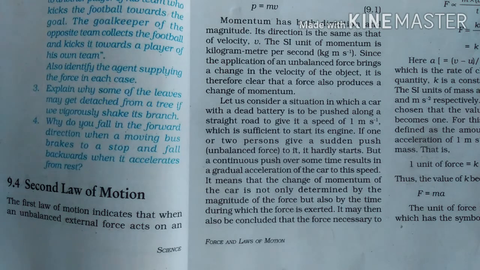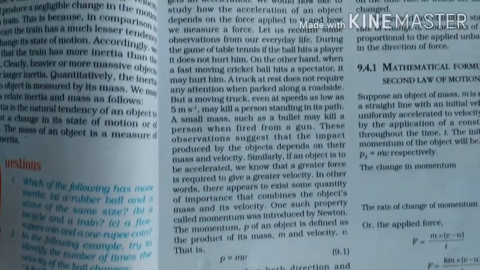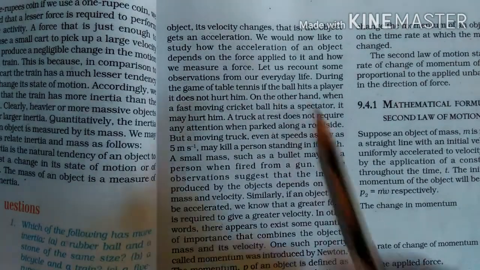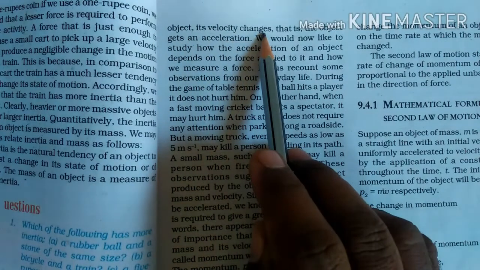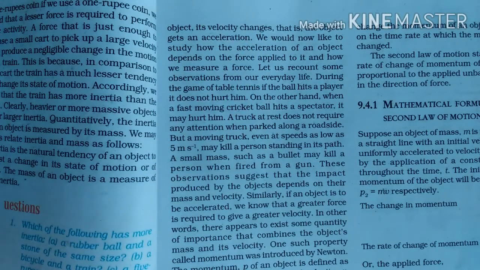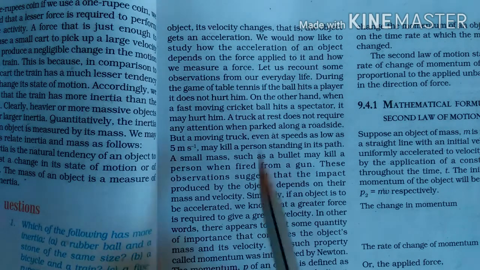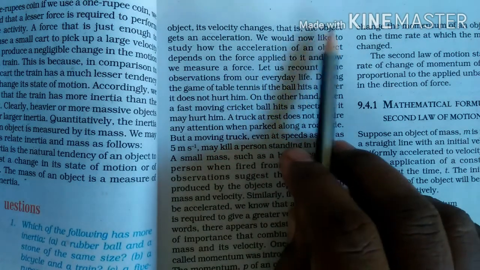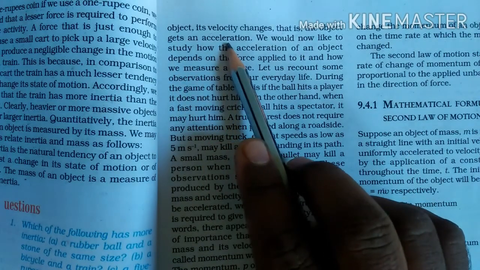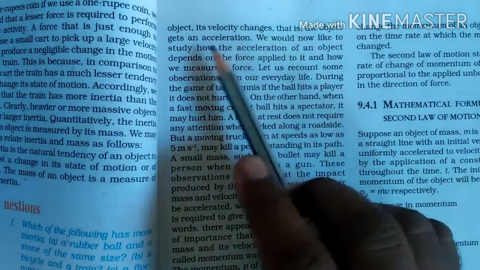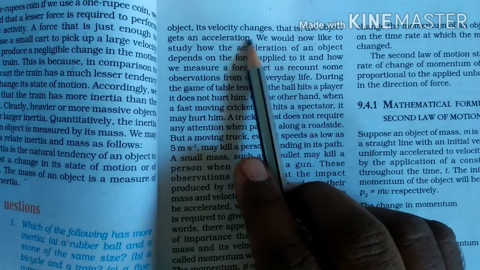When there is no equal force between two sides, we consider it as unbalanced force, and when that unbalanced force acts on an object, its velocity changes. What happens when unbalanced force acts on an object? Its velocity changes. That is, the object gets an acceleration.